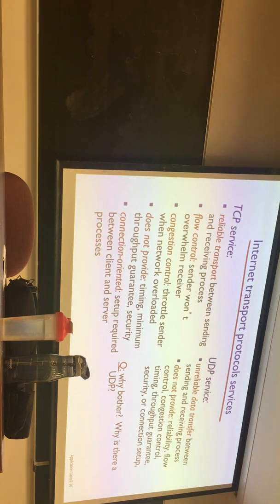TCP first will guarantee you a reliable service between the two processes. That means when you send 10 packages from a source to destination, TCP will guarantee that every single one of them will be delivered, without error, and in order of their sending. If you remember in the first chapter, when you're transmitting a packet over the network, if there's congestion, some packets get lost.